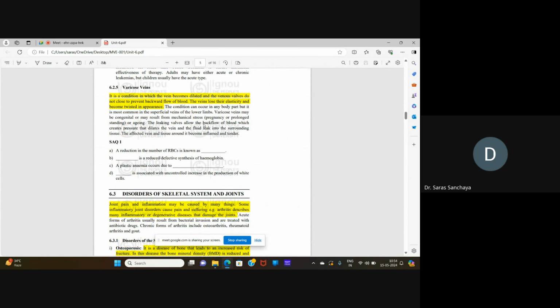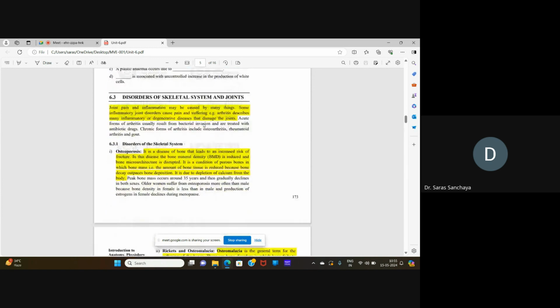In this condition, the vein becomes dilated and venous walls do not close to prevent backward flow of the blood. The veins lose their elasticity and become twisted in appearance. So the most common varicose veins are in the legs, and these commonly occur in traffic police because they have to work standing for many hours.